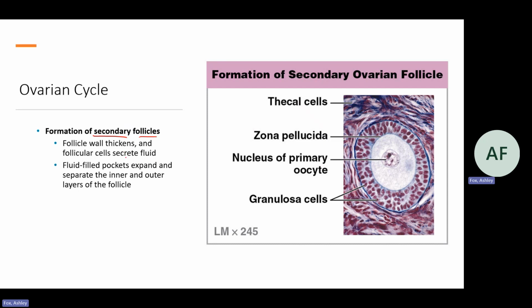And those cells are going to start making fluid as well. We still have granulosa cells surrounding the primary oocyte, and thecal cells on the outer section, so you're getting a lot more layers. Then one layer directly surrounding the primary oocyte is called our zona pellucida.